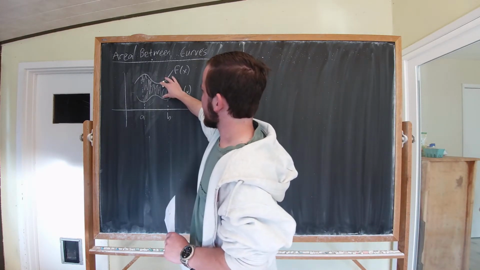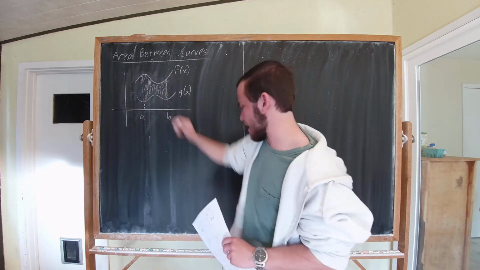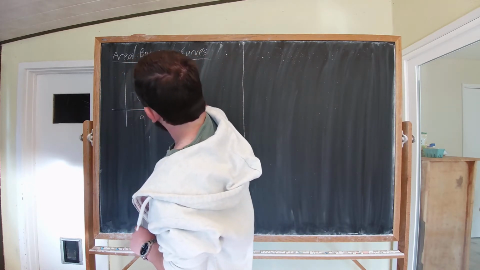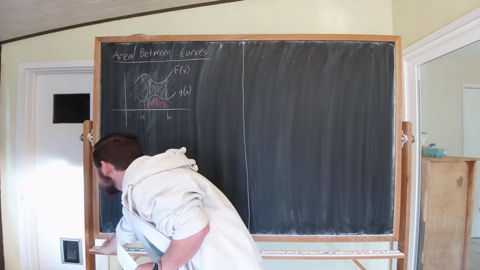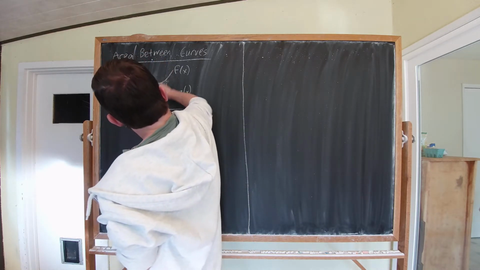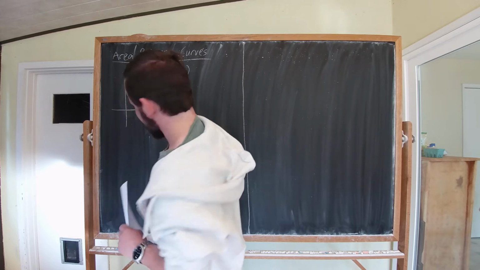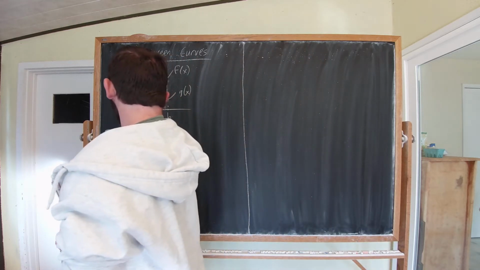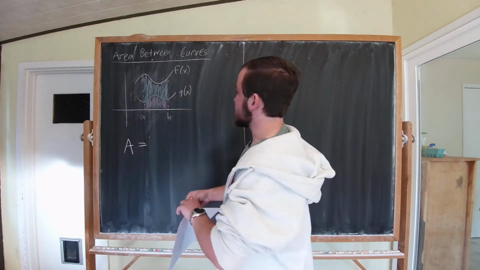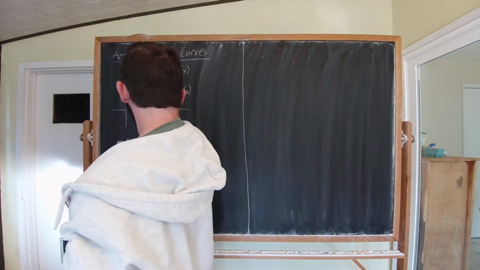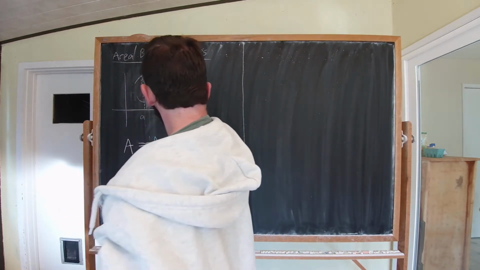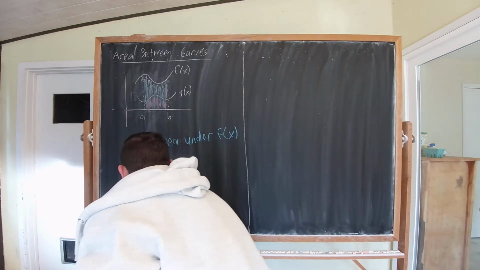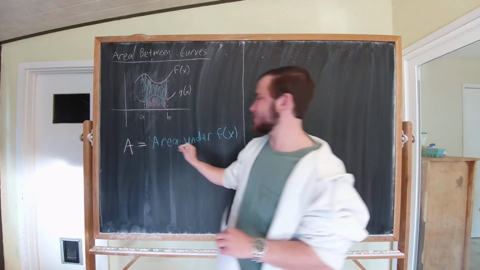This area right here is the entire area under f of x minus just the red area under g of x. So if we put the f of x in blue, hopefully that picture isn't too overdrawn, but we notice that the white area that we want is the area under f of x minus the area under g of x.